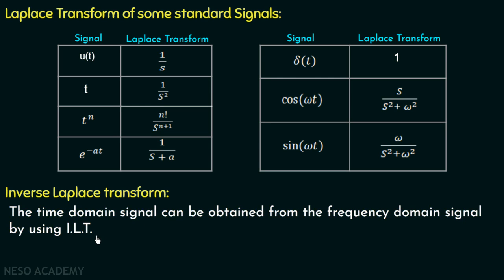The expression of the inverse Laplace transform is given as f of t is equal to 1 over 2 pi j integral from sigma minus j omega to sigma plus j omega of F of s multiplied by e to the power st ds. So in this expression, the input is the frequency domain function and the output is the time domain function. But we will not use this complicated equation to find the inverse Laplace transform. We will find the inverse Laplace transform by using the method of partial fractions. The method will be clear to you when we take some examples.